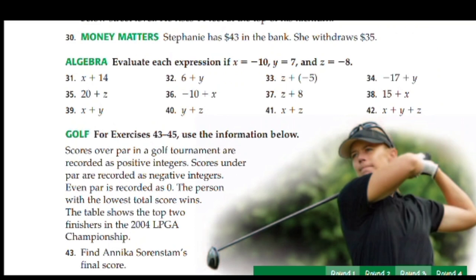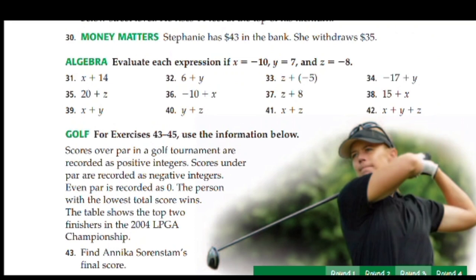Minus 17 plus y. 35. 20 plus z. 36. Minus 10 plus 8. 37. Z plus 8. 38. 5 plus 8. 39. X plus y. 40. Y plus z. 41. X plus z. 42. X plus y plus z.